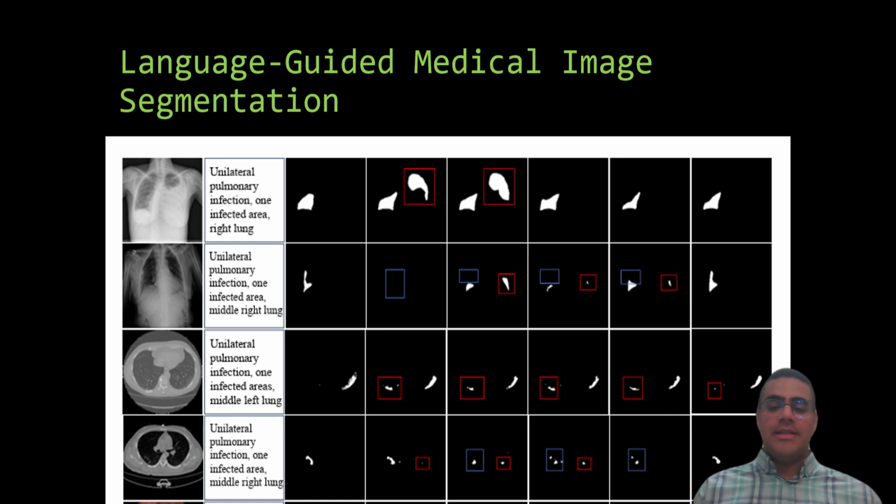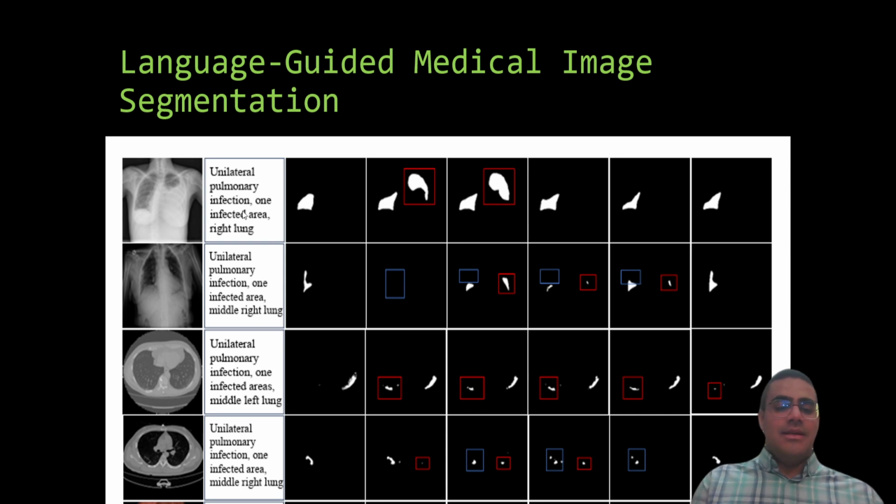But what is important is that this segmentation needs to be language guided. So in addition to the image, we have also provided a text, and we expect the model to segment the image in a way that is directed and instructed by the text. Okay, so this is what language guided medical image segmentation means.